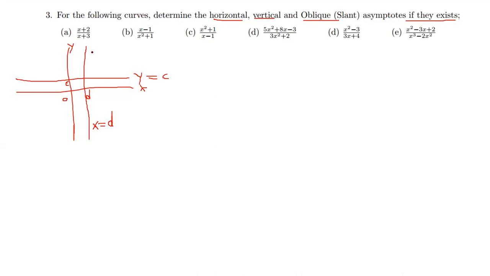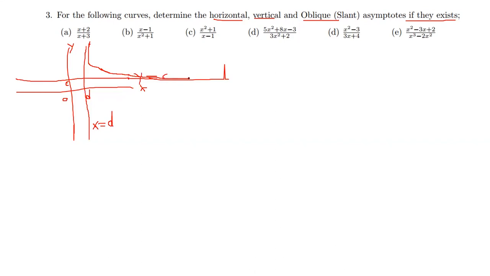These asymptotes are lines which, let's take for instance, you have your curve like that. An asymptote is simply a line which acts as a limit to the curve. No matter how long you draw this curve, it will continue moving towards the asymptote, but it will never meet the asymptote.